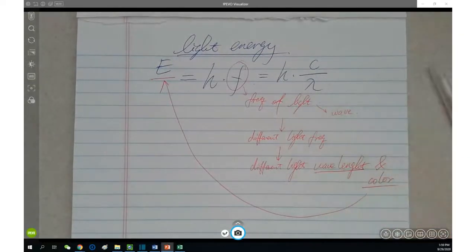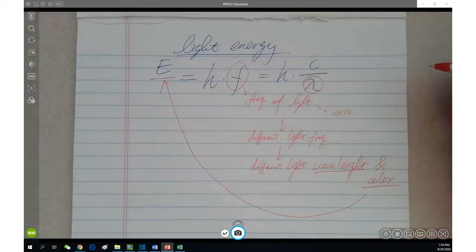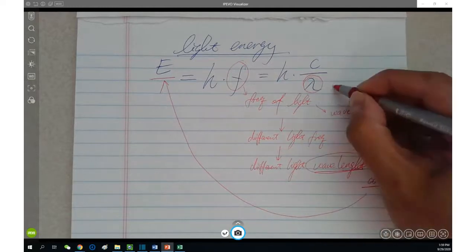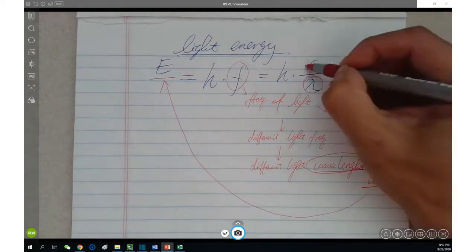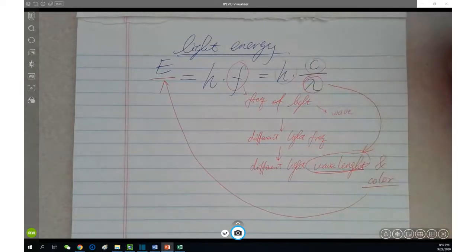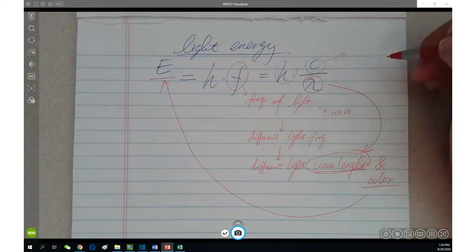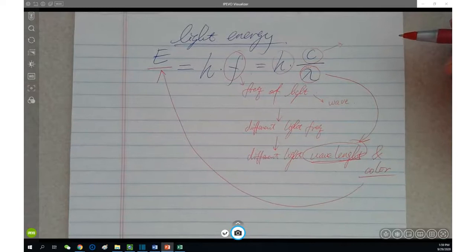Who is lambda? Wavelengths. Who is C then? By the way, who is C and H? What is C? Any guessing?